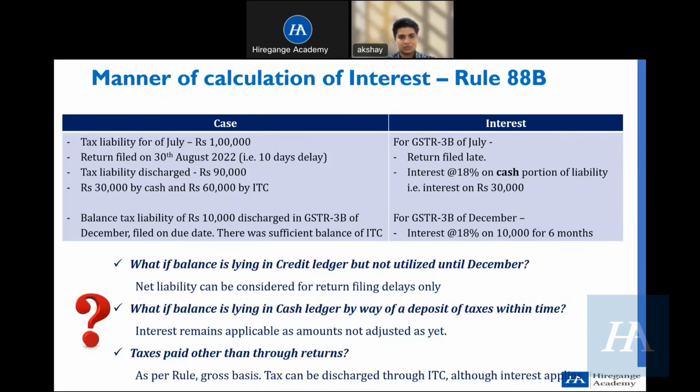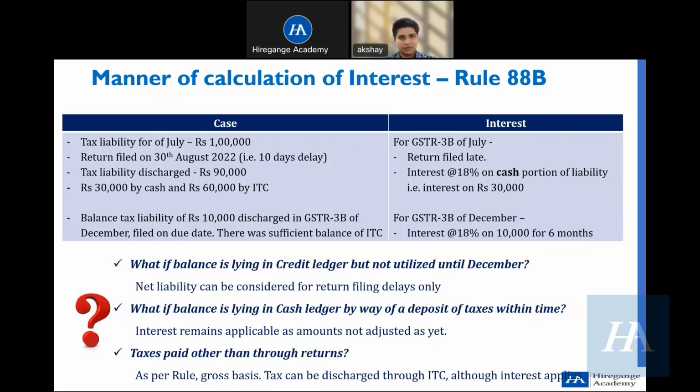So the questions which I mentioned are also in the same manner. In a situation where the deposit of tax in the electronic cash ledger has been done but not utilized for payment, can it be said that the interest is not applicable? No, interest would still be applicable, because the payment of tax, that is adjustment from the cash ledger, is mandatory for it to be considered as payment.